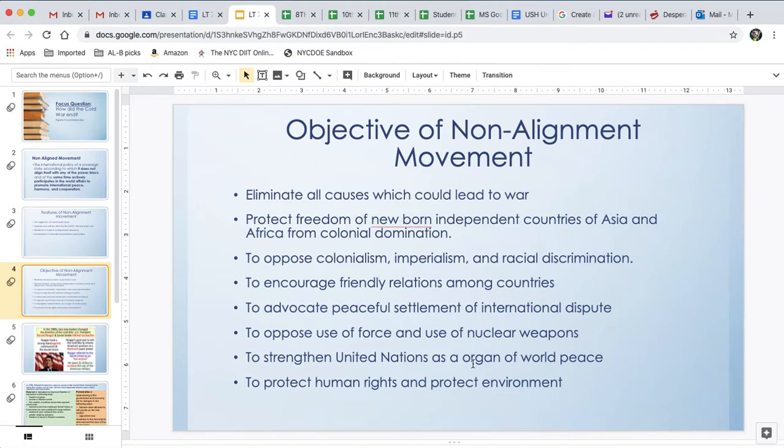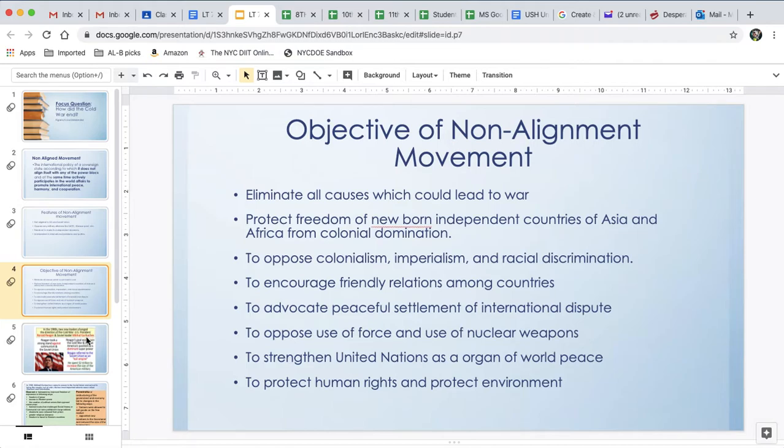To strengthen the United Nations as an organ of world peace, and to protect human lives and the environment. We're starting to see that, and how does that play? Well, this affects Russia, the Soviet Union, more than the United States, and I'll explain further when we get into the next couple of slides.